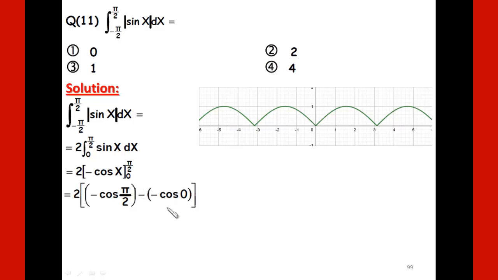We calculate it. Cosine pi over 2 equals 0, so negative 0 equals 0. Negative cosine 0 equals negative 1, and we have the negative sign, so the result will be negative 1. After you calculate it, it will be equal to 2.